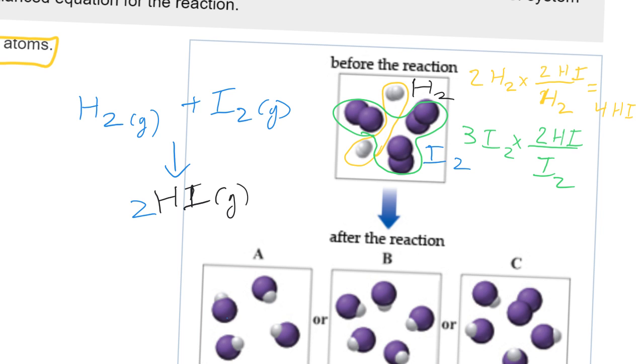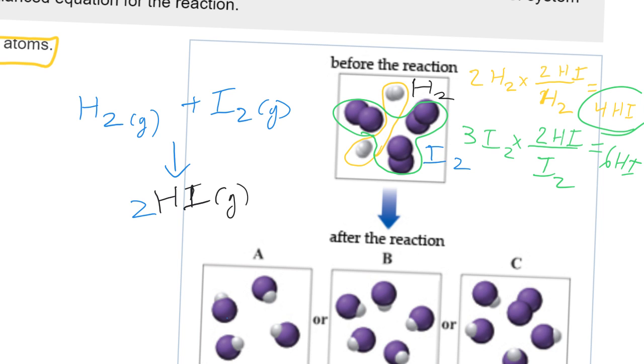So I have enough iodine to produce 6 hydrogen iodides. We're back to, I forget whether I use bicycles or cars here, our factory problem, right? Our limiting reagent. We have enough hydrogen to produce 4. We have enough iodine to produce 6. How many can we actually produce? We can actually produce 4.